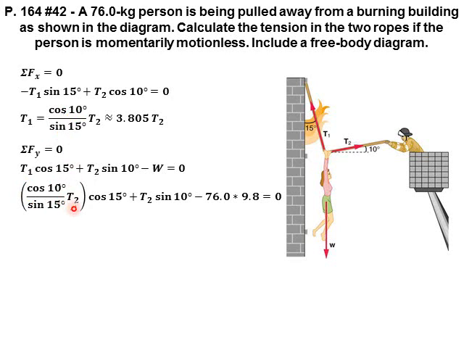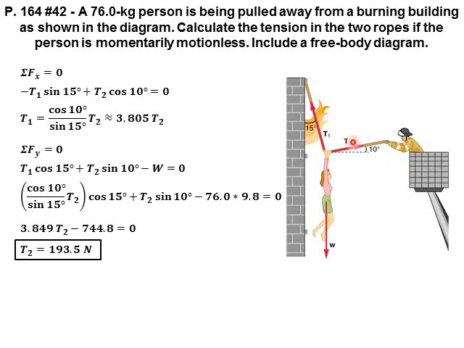So I put that in here times tension 2, and then we multiply that by cosine of 15, and then we have tension 2 sine of 10 minus 76 times 9.8, which is her weight. So we calculate this out. This is going to give you a coefficient. We add it to this coefficient, and we get 3.849 times tension 2 minus 744.8, and that's her weight. We take that to the other side, and we divide by 3.849, and we get the total tension 2.